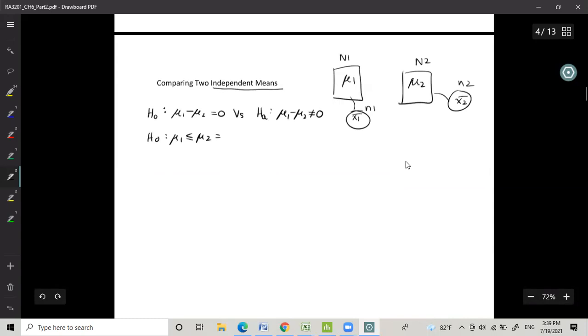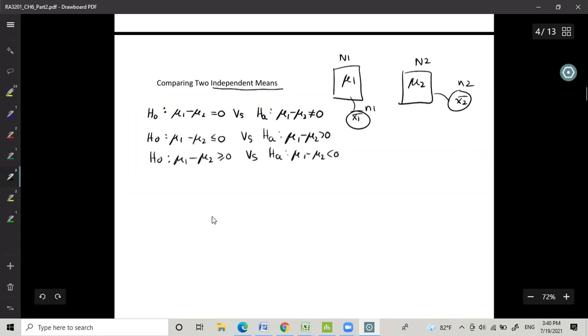Right side test, and then the left side or left tail test.